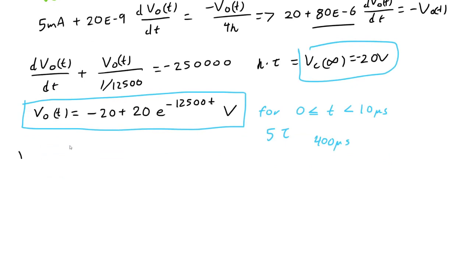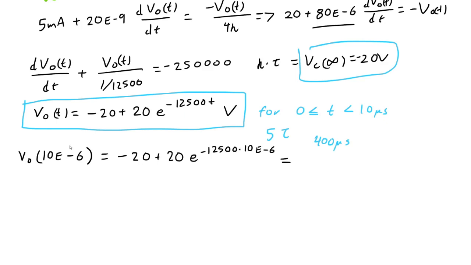So now we want to find VO at 10 microseconds. That's easy. All I gotta do is plug and chug. We're gonna have minus 20 plus 20 e to the minus 12,500 t, and t is 10 microseconds.